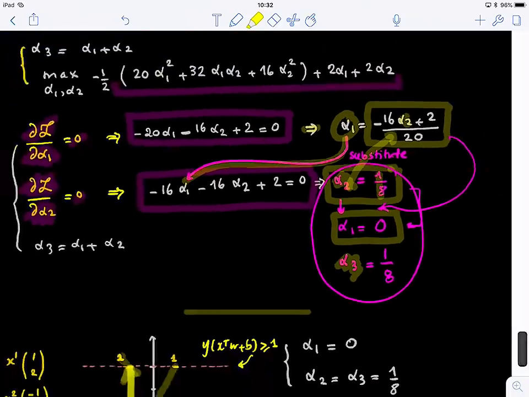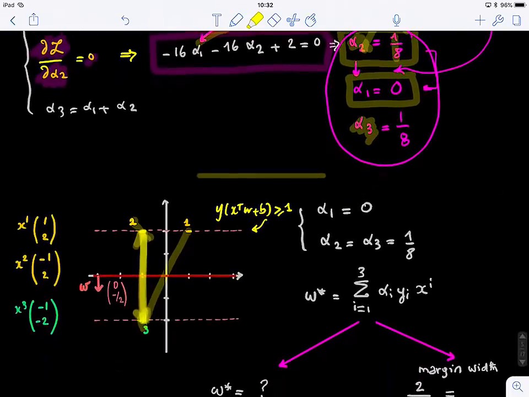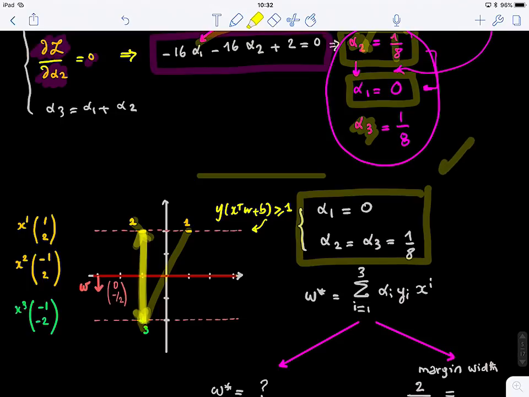Am I answering your question? These are the solutions by solving the constrained optimization problem using the Lagrangian. So we got alpha 1 equal to 0, which means this is a non-support vector. And then alpha 2 and alpha 3 were different from 0 and positive. So this is the solution provided by the Lagrangian method, okay?